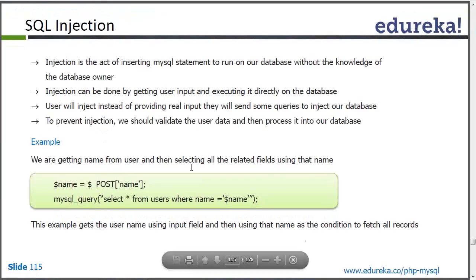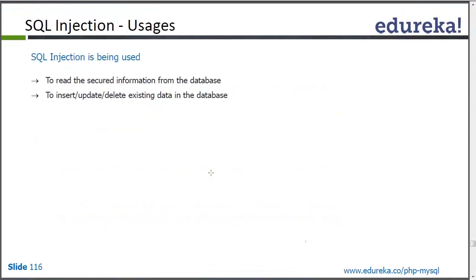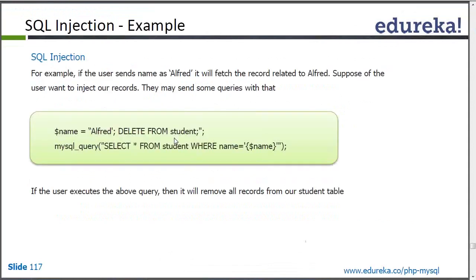So if he passes some SQL query in the input field, it is appended to our query and executed. This means our system is totally insecure. The user can pass any query. He can even pass a delete query and delete our table. So this is really pathetic.